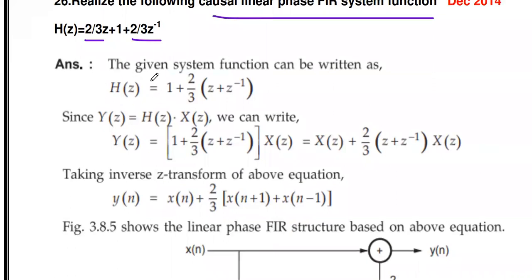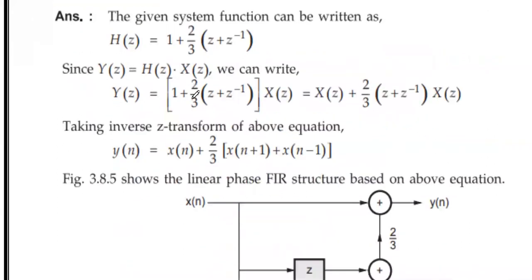Then H of Z can be written as Y of Z by X of Z. If you cross multiply, we can get Y of Z is equal to 1 plus 2 by 3 into Z plus Z inverse, into X of Z. Okay, so you give X of Z to each term. So X of Z plus 2 by 3 Z plus Z inverse X of Z.